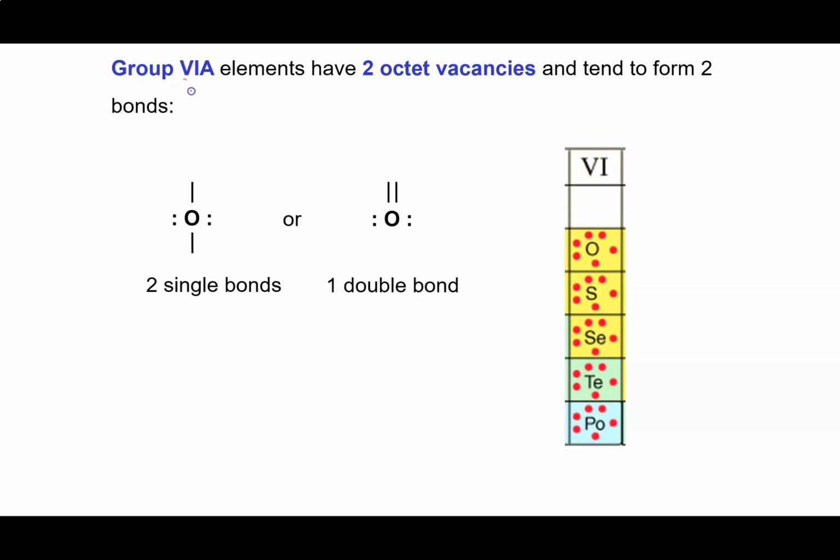So elements that are in group 6A, they have 2 octet vacancies. So there's a couple of options for those guys. They can form 2 single bonds with 2 lone pairs, or they can form 1 double bond with 2 lone pairs.